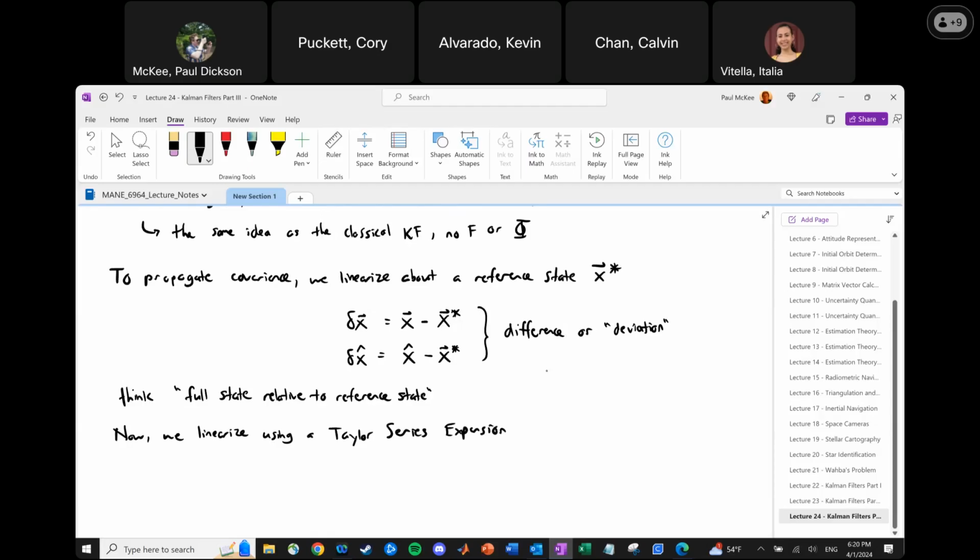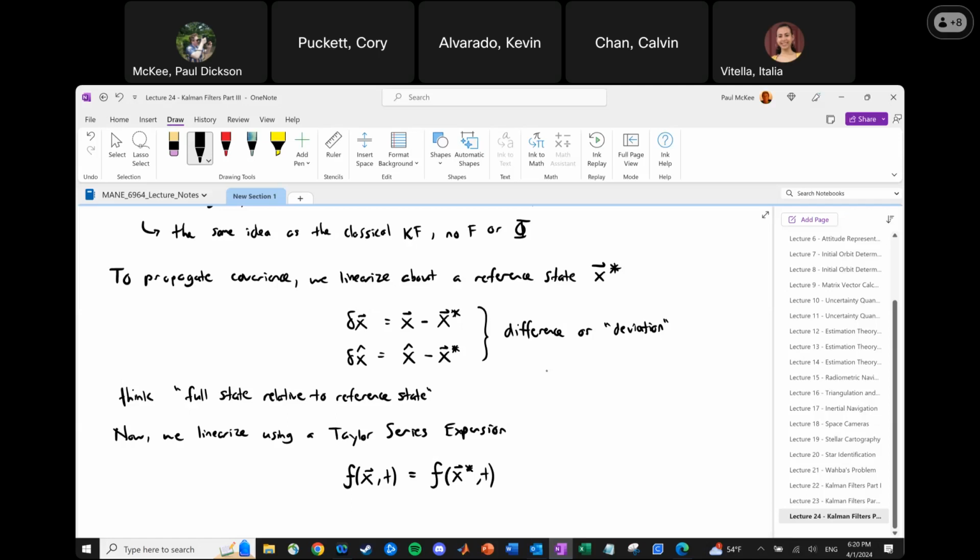Okay. So let's say our dynamic model is f of x and t. Well, if we linearize about a reference trajectory, that is f of x star and t, which is just a number, to be clear. This is not a function anymore.